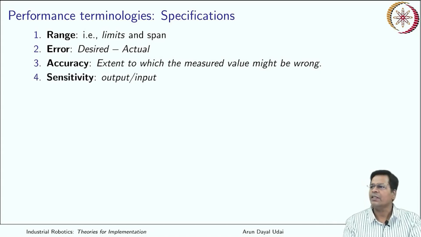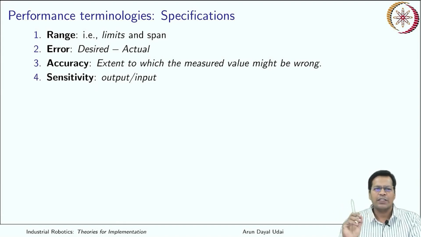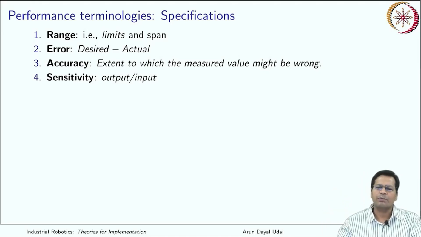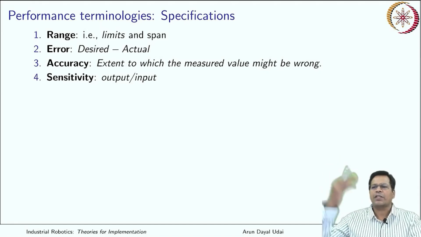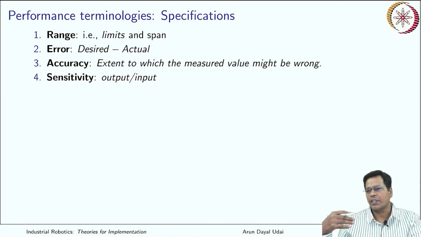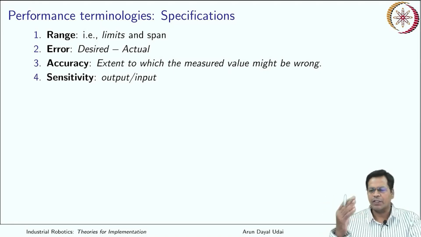And sensitivity: your device's sensitivity is not always desirable. If it is oversensitive, it becomes very difficult to measure something. Just like, let's say, a weighing machine. You put one small weight on top of it, and it immediately starts fluctuating. It goes very high, then overshoots, and comes back. So it may be very sensitive to even a small amount of weight, and it becomes very difficult to see the actual value which it should give.